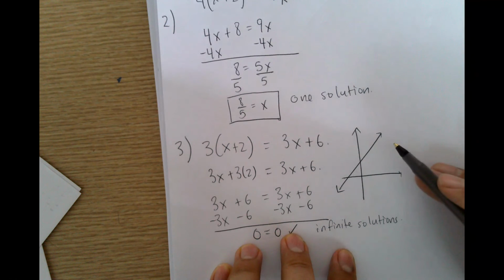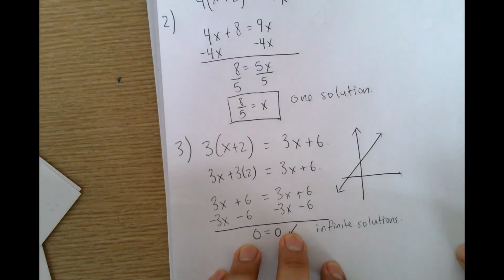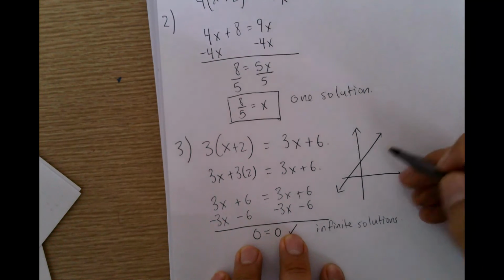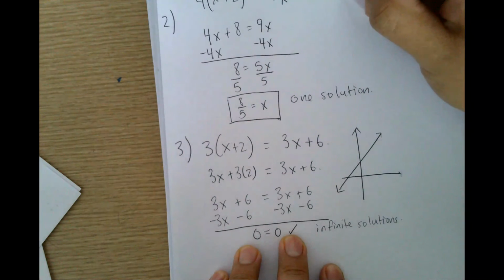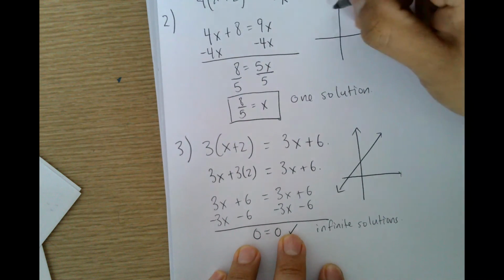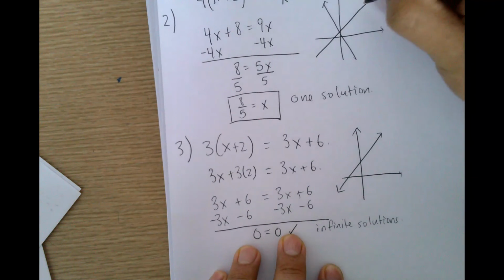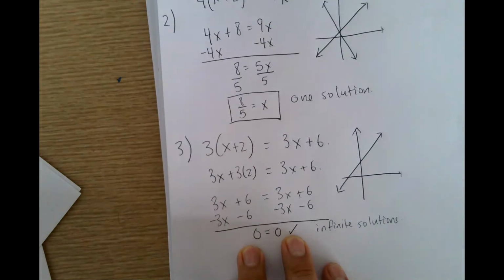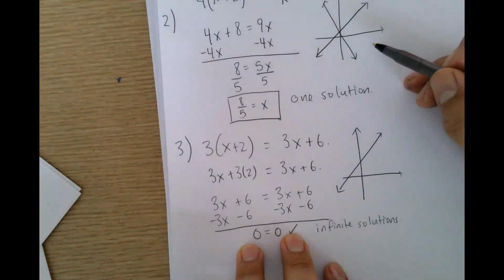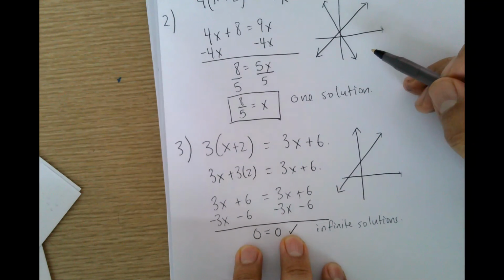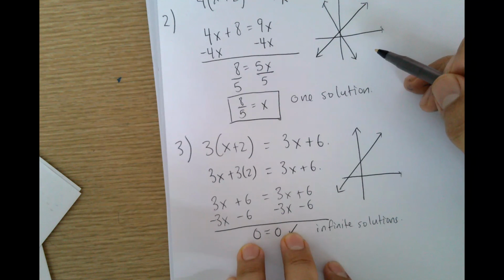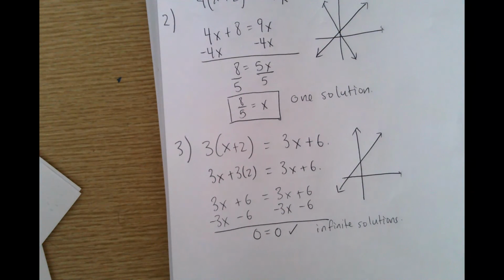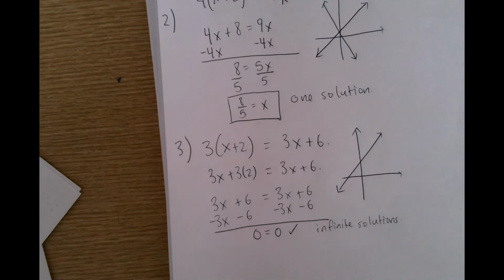So the reason it's called infinite solutions is because they lie right on top of each other. One solution is if they are able to cross one time and only one time. And if you want to extend this, you can think about how you would get 2 solutions, 3 solutions, and 4 or 5 solutions. That's an example of how you would extend things.